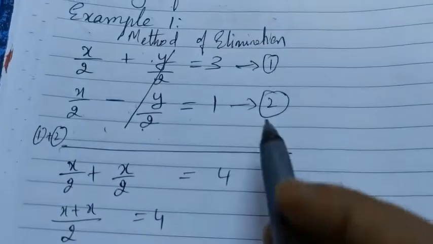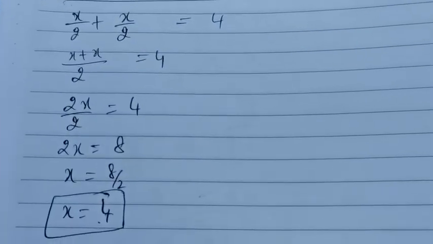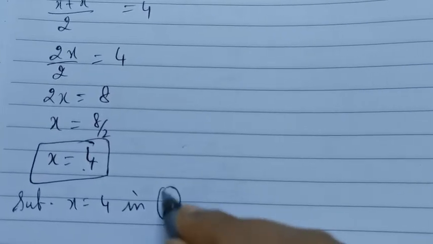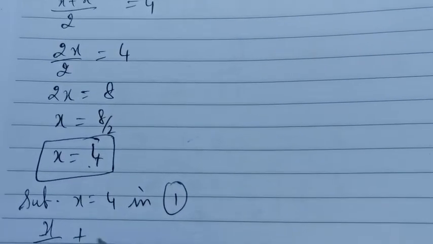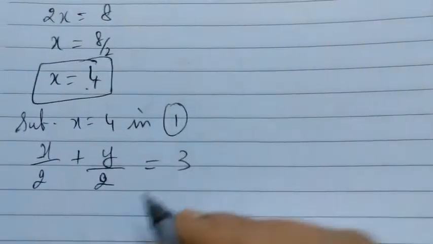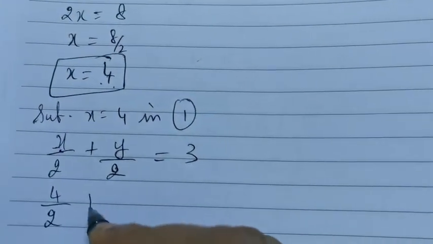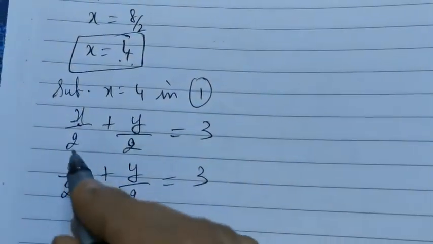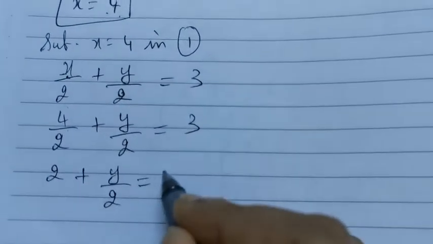Now to get the value of y, I will substitute in either the first equation or the second equation. So I am substituting x is equal to 4 in the first equation. My first equation is x by 2 plus y by 2 is equal to 3. The value of x I got is 4, so 4 by 2 plus y by 2 is equal to 3. 4 by 2 is 2, so 2 plus y by 2 is equal to 3.